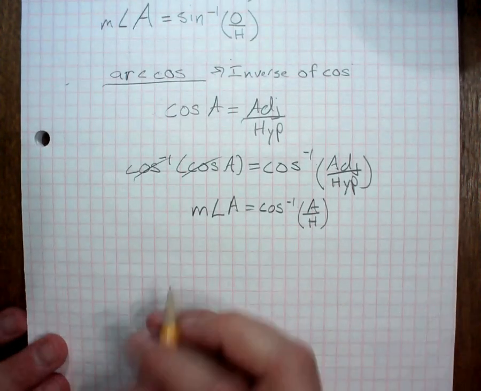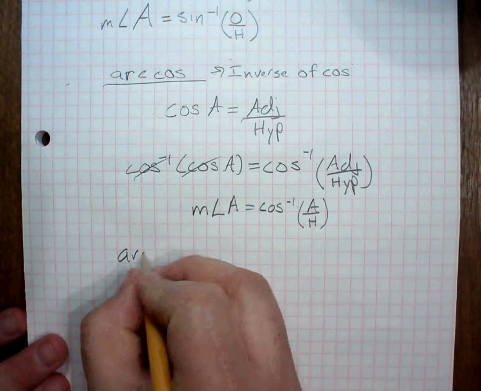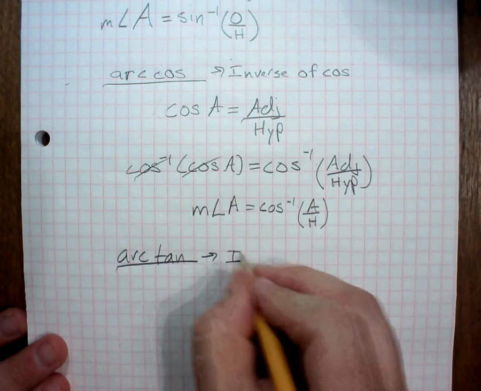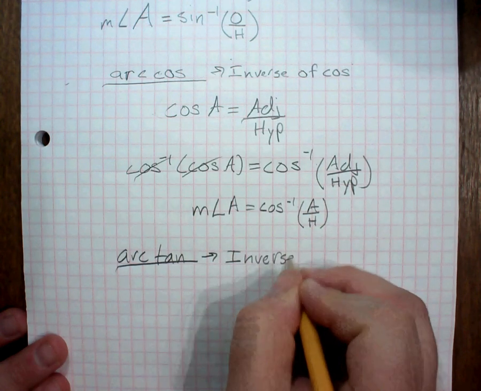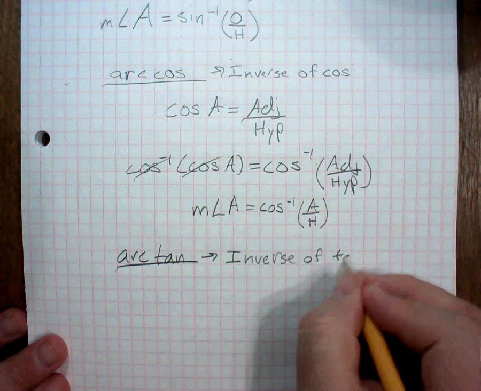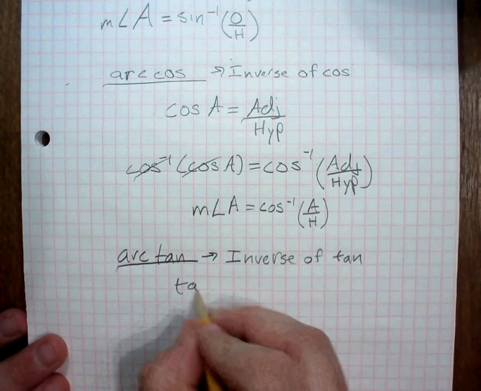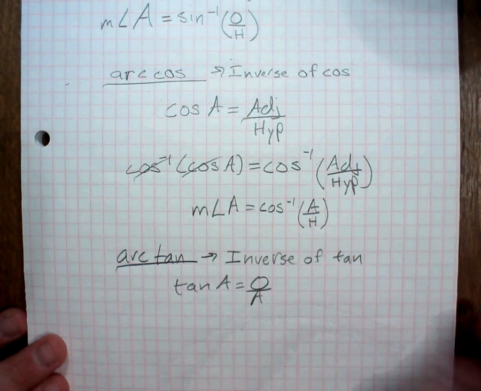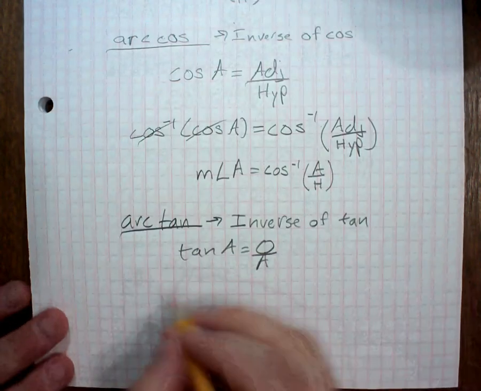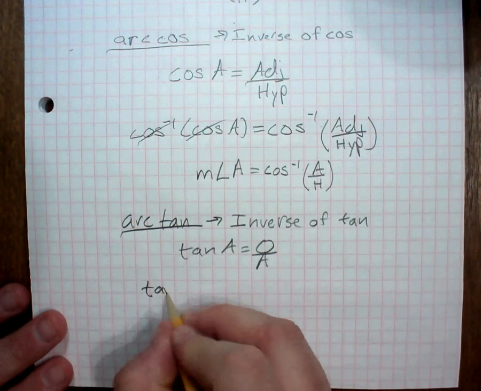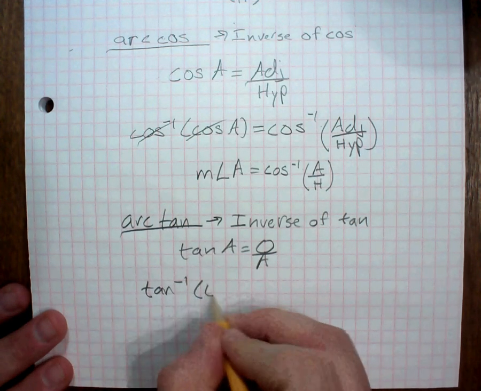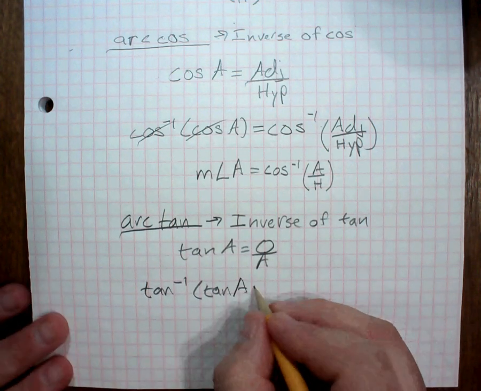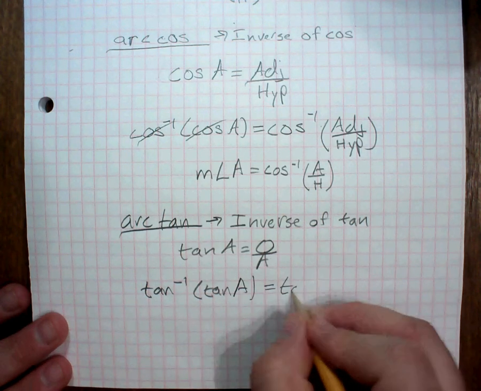Lastly, arc tangent, that's the inverse of tangent. If tangent of A is equal to the opposite over the adjacent, and I take the arc tangent, or the inverse of tangent, of one side, then I also have to do it to the other side.